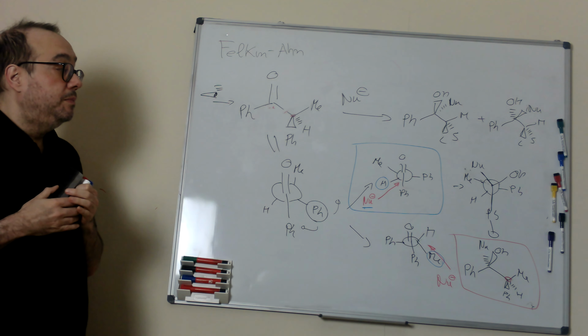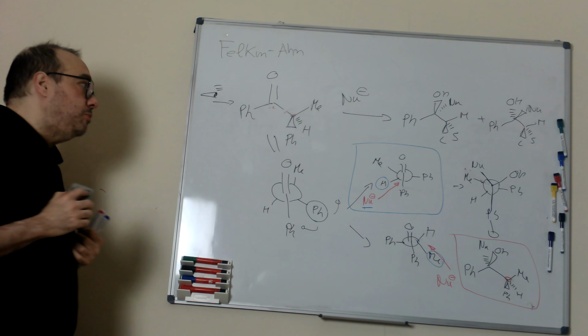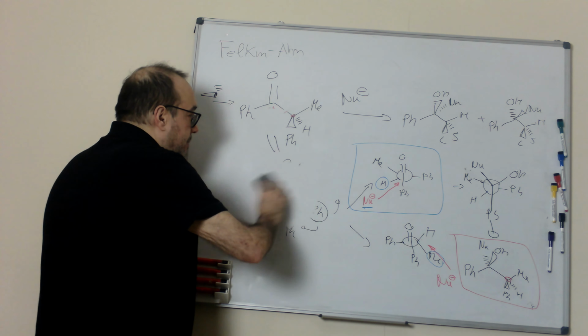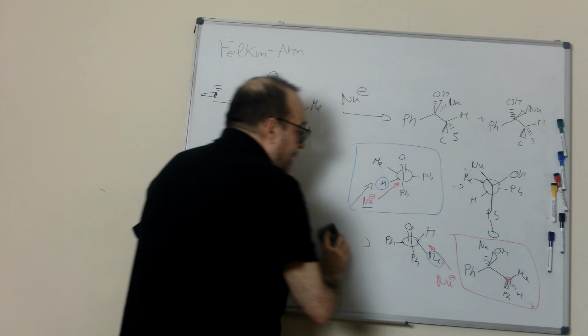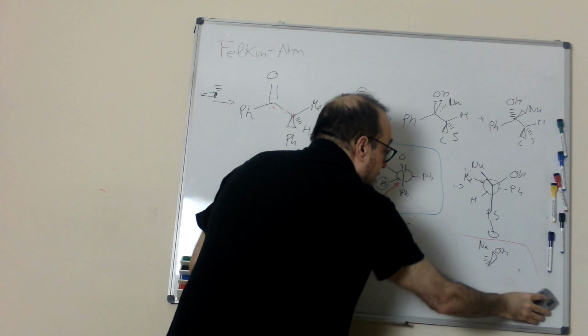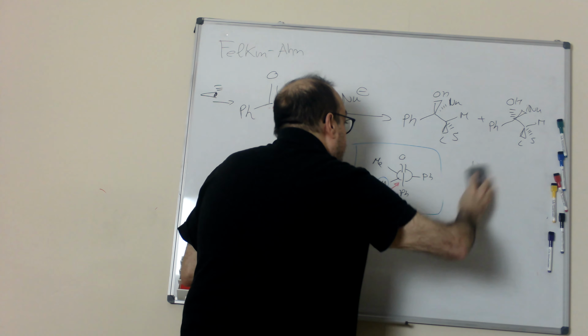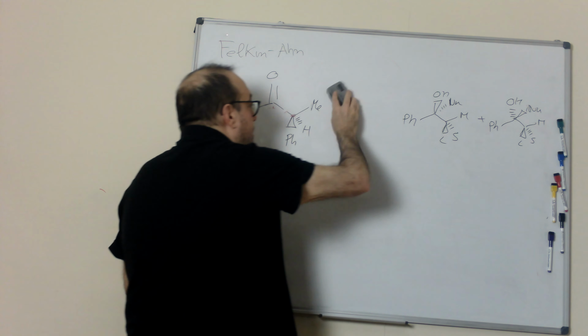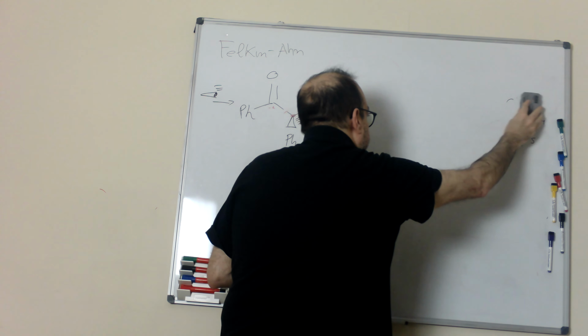This is one model. The second model that I will explain is when we have in the alpha position a group that can produce a chelate. We have a functional group that can produce a chelate.